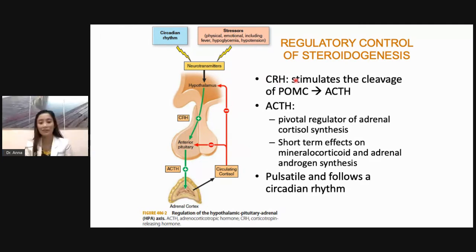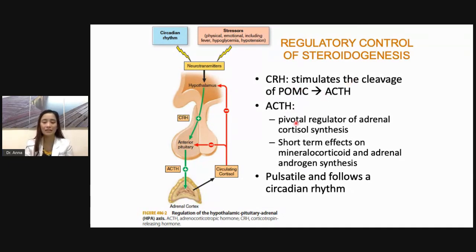And remember that it acts on the DNA that encodes your pro-opiomelanocortin and stimulates its protein synthesis and eventual cleavage. Your pro-opiomelanocortin has several cleavage products, and one of those is ACTH.